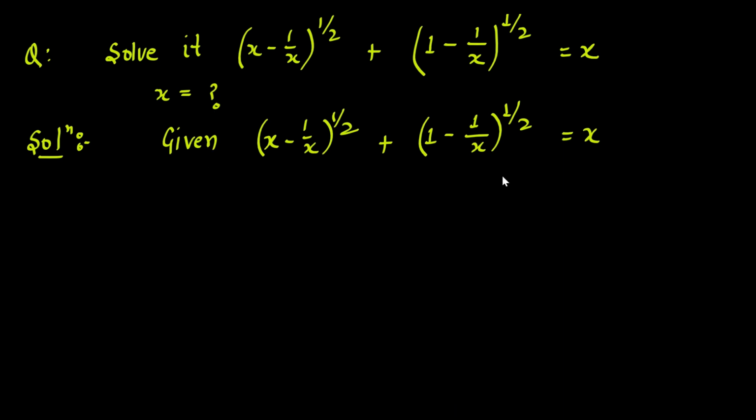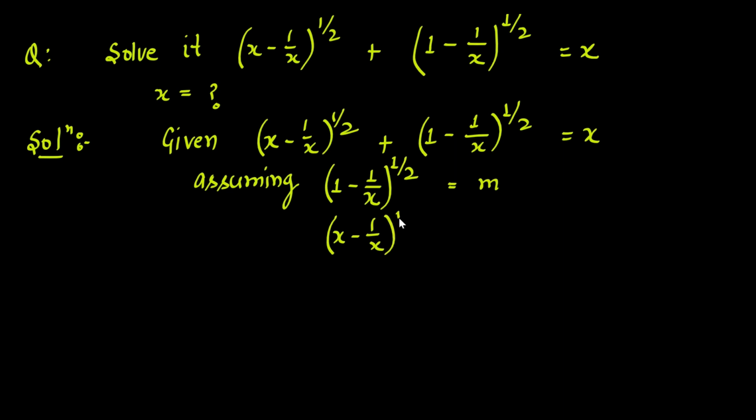Given statement is like this. So assume here (1 − 1/x)^(1/2) is equal to m, and (x − 1/x)^(1/2) is equal to n.